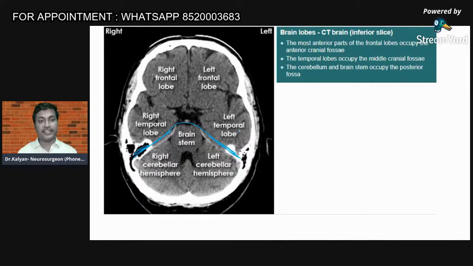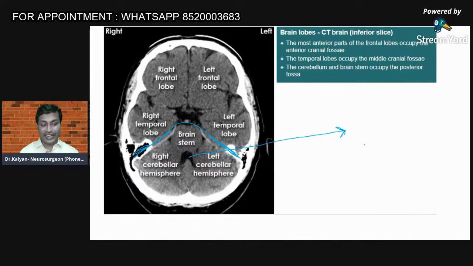You should be able to identify the frontal lobe, the temporal lobe, and the posterior fossa contents. That is the brainstem and the cerebellar hemispheres. So answer me, what is this structure present between the brainstem and the cerebellar hemisphere? What is the name of this fluid filled structure which is present between the brainstem and the cerebellar hemisphere?